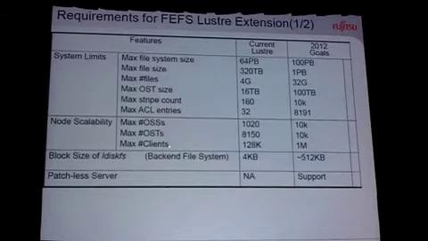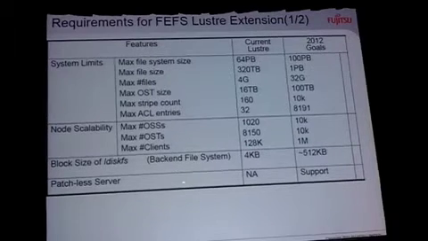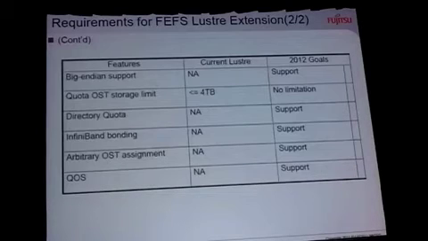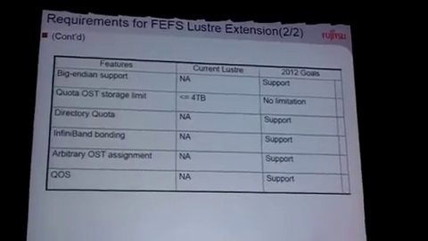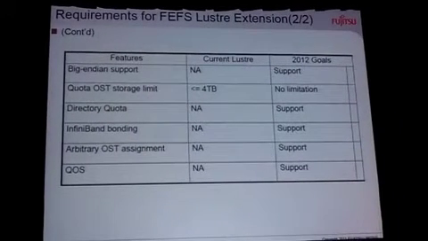We also extended the number of OSTs to 10K or so. We also extended the block size of ldiskfs. Our architecture is SPARC, which is big endian, so we also support IA, big endian support and endian conversion are implemented. Directory quota, InfiniBand bonding, and QoS are also implemented.